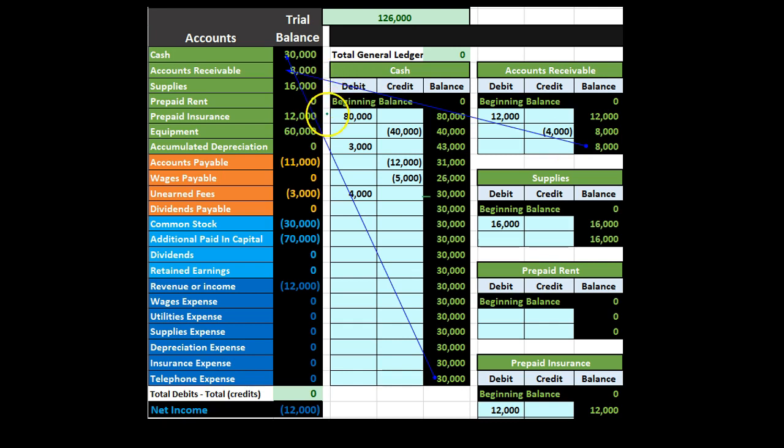All the rest are coming from the GL as well, but there was no change to the GL since the prior transaction, so those all remain the same. Once we do this, we always want to add up the debits minus the credits. So we'll add the debits minus the credits. That should equal 0 if we are in balance.